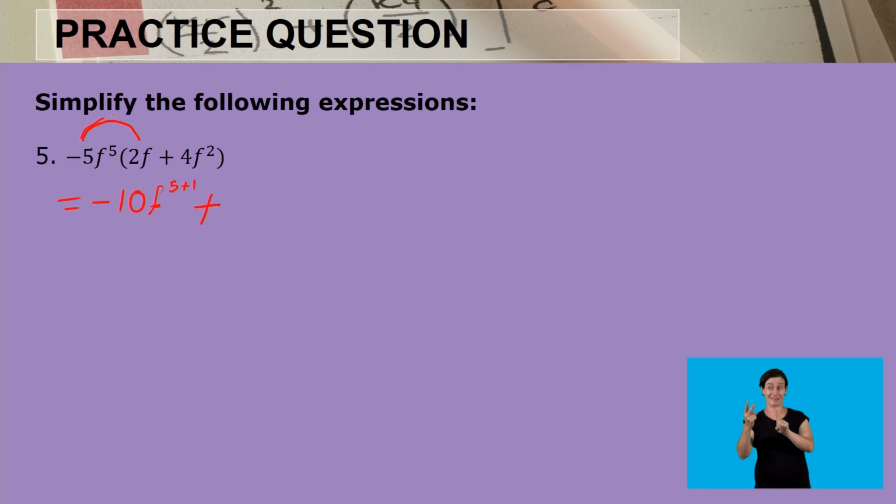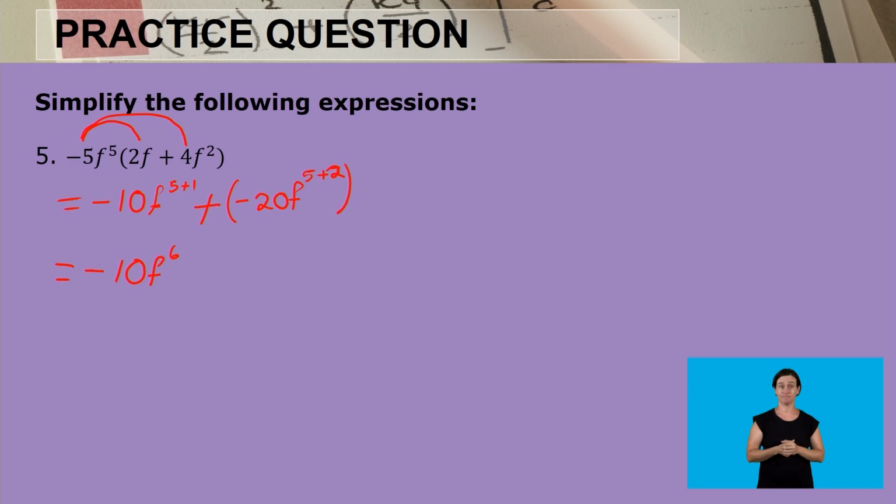Then we are going to say negative 5 multiplied by 4. That will give us a negative 20. And of course, because the base is the same with those powers there, we are going to add the exponents. So our final answer is going to be negative 10f exponent 6.